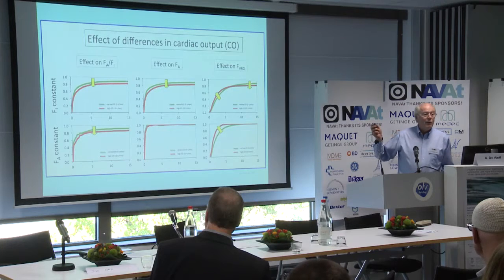But that is not necessarily true for the CNS, where the agent has its effect, because of cerebral autoregulation. We shouldn't assume that when the cardiac output goes up, cerebral blood flow also goes up. That is probably a wrong assumption. If you have intact autoregulation, cerebral blood flow should not really change very much with increased cardiac output.